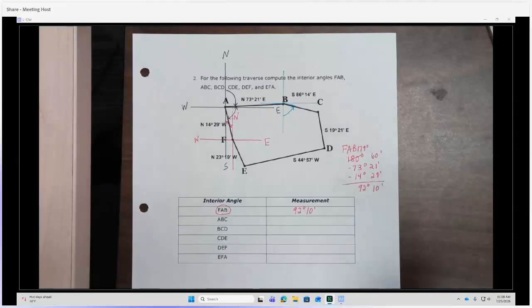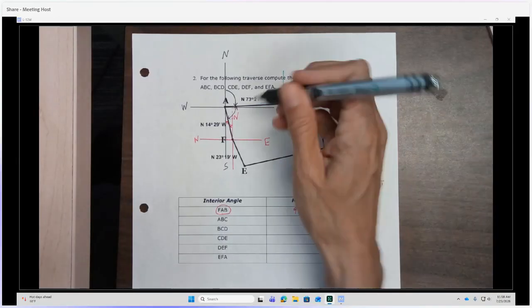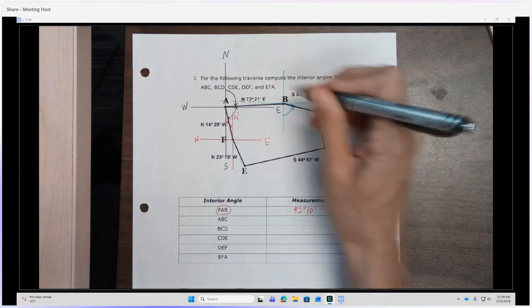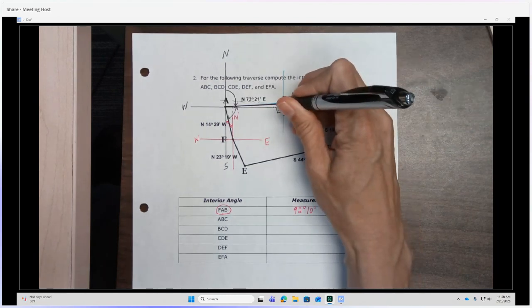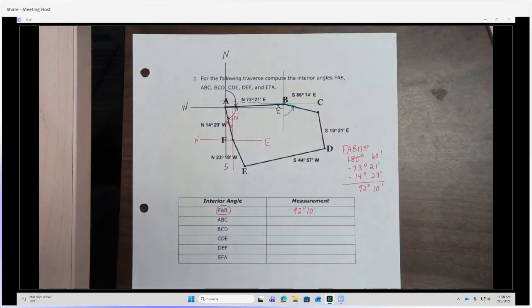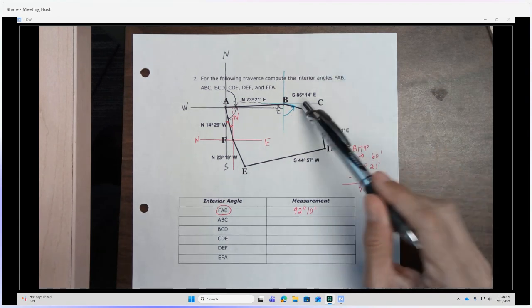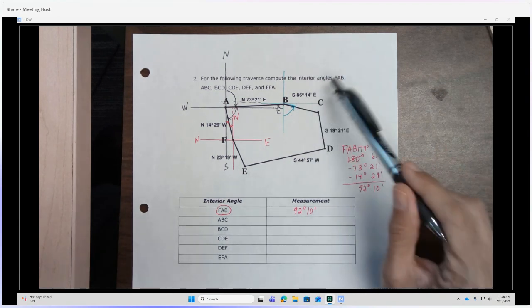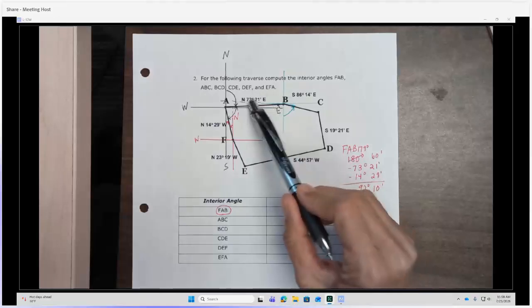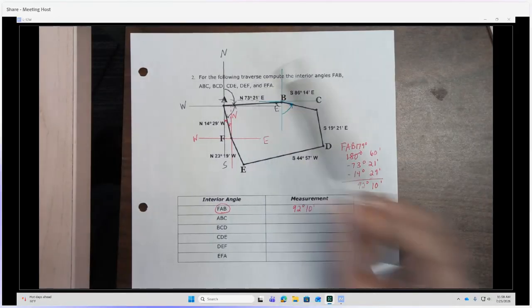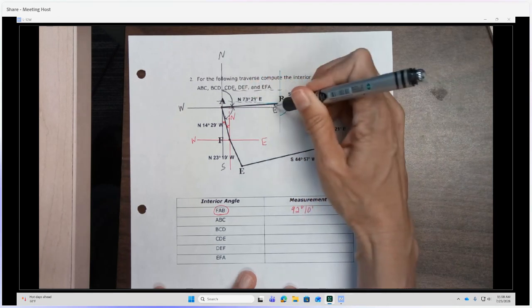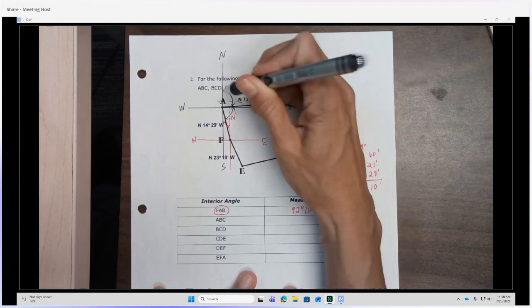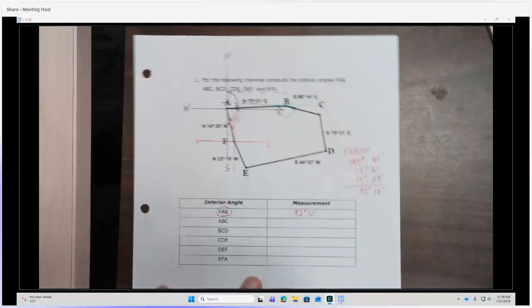Our angle of interest also has another component to it. It also has this piece as well. That's going to be part of that. So we'll go ahead and take that 86 degrees and 14 minutes, and we can add that to this 73 degrees, 21 minutes, because again, if I complete my rectangle here, this angle formed here and this angle here are alternate adjacent angles.